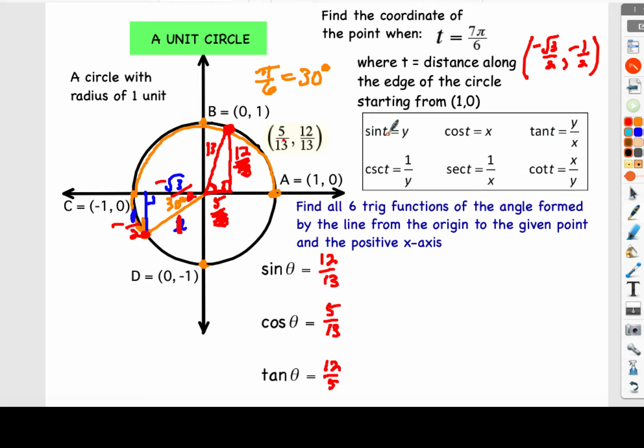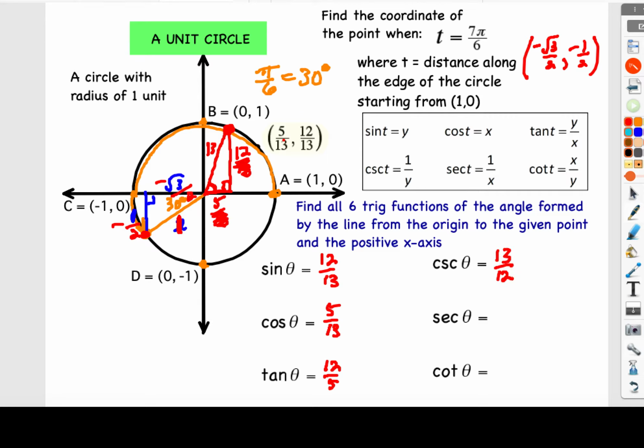The sine of an angle is really equal to the y-coordinate on a unit circle. The cosine is the x-coordinate on a unit circle, and the tangent is y divided by x on the unit circle. And in that case, if we want the other 3 trig functions, remember that the cosecant is the reciprocal of the sine. So we can very simply say 13/12.